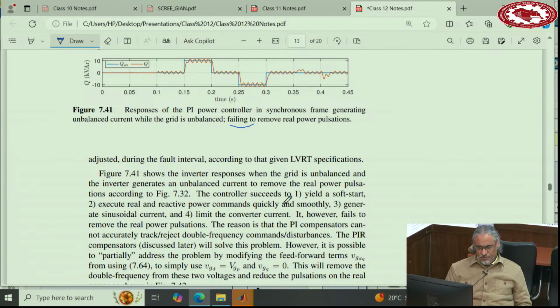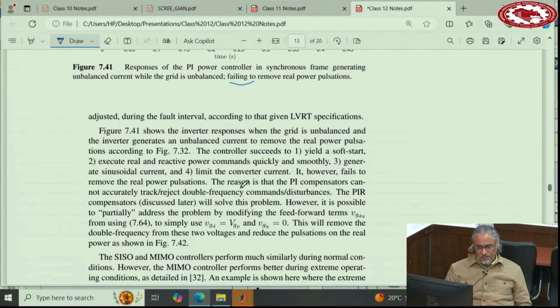The controller succeeds to yield a soft start, execute real and reactive power commands, generate sinusoidal current, and limit the converter current, however, it fails to remove the pulsations. The reason is that the PI compensators cannot accurately track or reject double frequency.